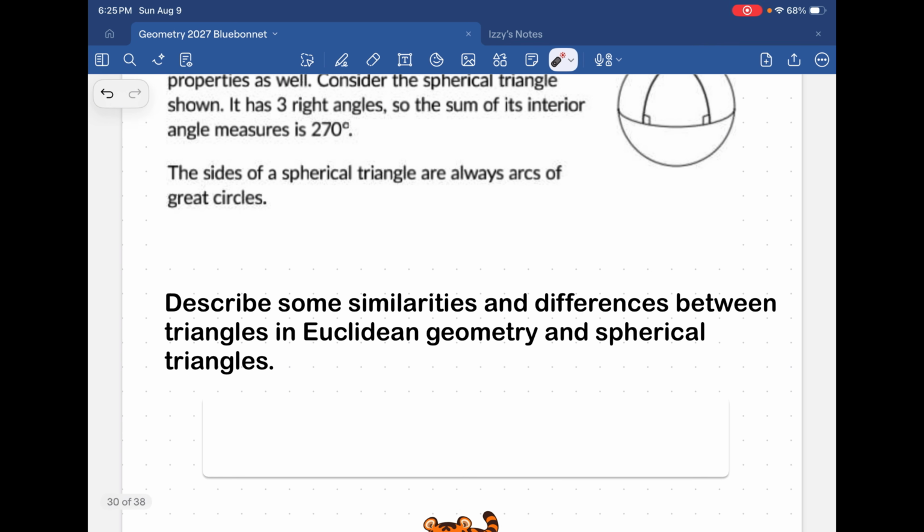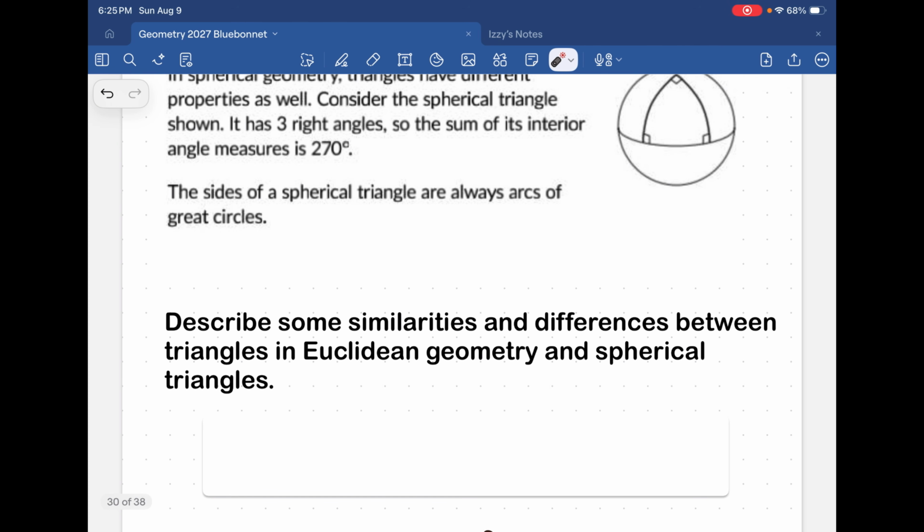For our last example here, let's describe some similarities and differences between triangles in Euclidean geometry and spherical triangles. One of the major things that I noticed is that in spherical geometry, a triangle can add to more than 180 degrees, and in Euclidean geometry, a triangle is 180 degrees all the time.